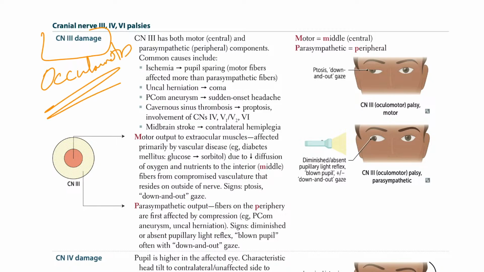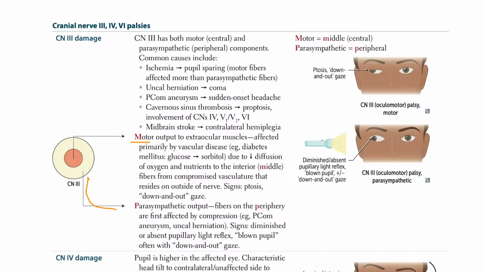Now, the important thing about the oculomotor nerve, which is high yield, is that it has a central part and a peripheral part. Central part, it is the motor part, and the peripheral part is the parasympathetic outflow path. Okay, so let's just read it, and I will explain anything that comes up here.